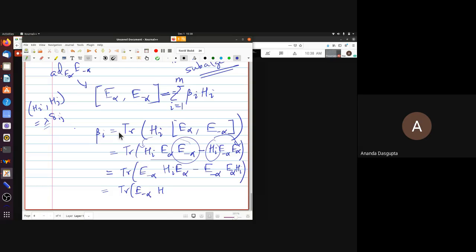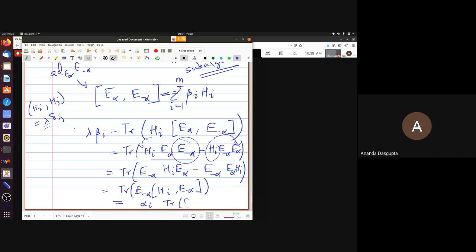Okay, there's a 1 by lambda in all of this. So let's put a lambda on this side. E_minus alpha. Now this is [H_i, E_alpha]. What does this give you? This is alpha_i, right? Are people with me or have I lost everybody? Yes, sir, we understand.